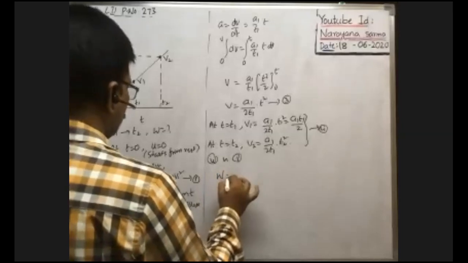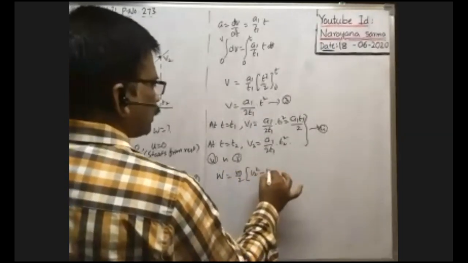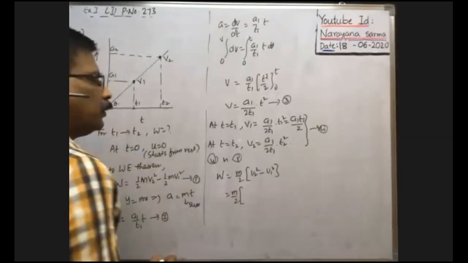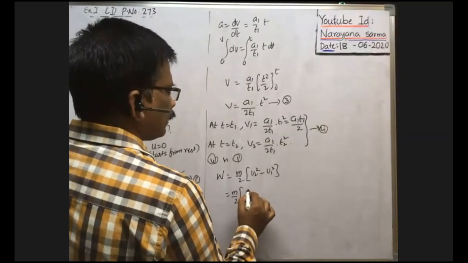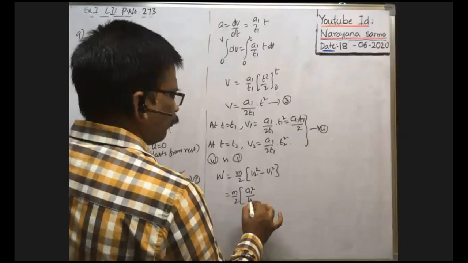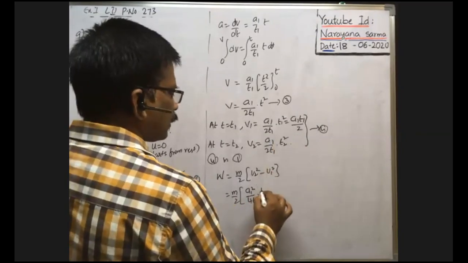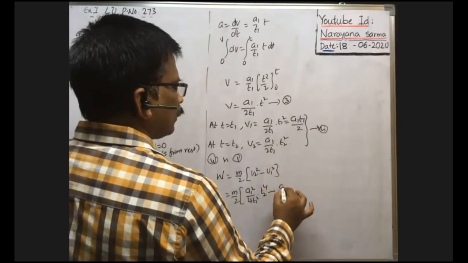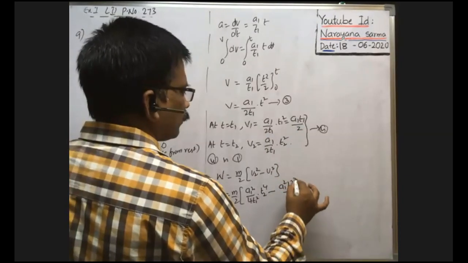Work done is equal to m by 2, you take common, v2 square minus v1 square. So m by 2 into v2 square. V2 square means a1 square by 4 t1 square into t2 to the power of 4, minus v1 square, which means a1 t1 by 2 whole square, that is a1 square t1 square by 4.